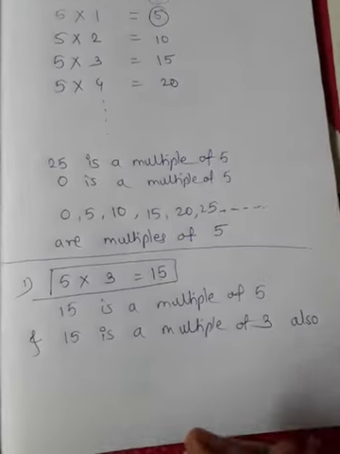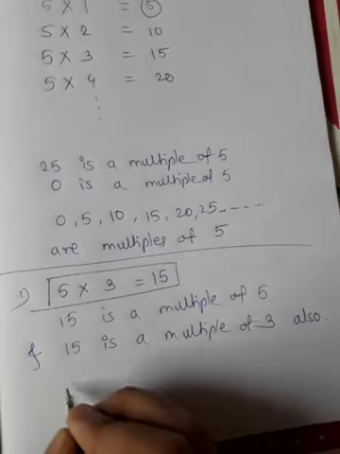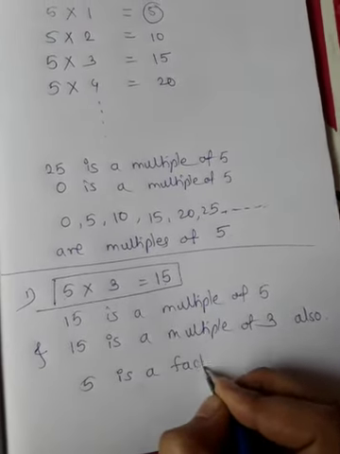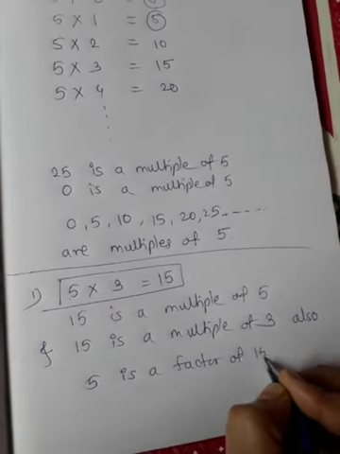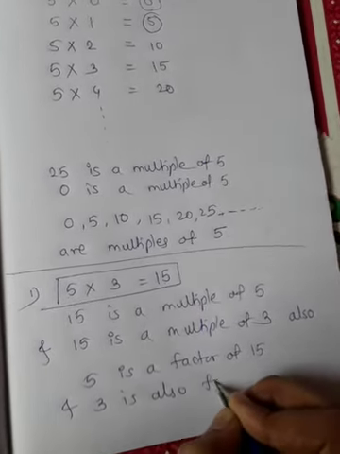And by previous discussion we can say that 5 is a factor of 15 and 3 is also a factor of 15.